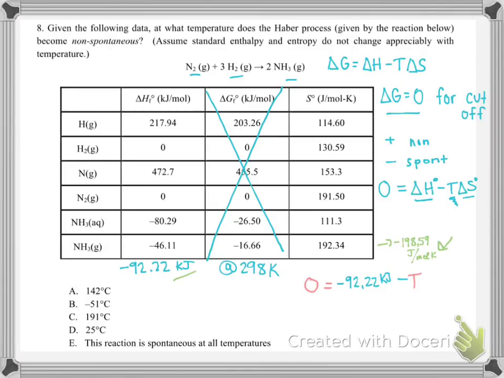And so we need to, sorry, this should really be just per Kelvin because we multiplied by the moles when we did our calculations. So we got to put our delta S in terms of kilojoules. So I'm going to write 0.19859. And now this is just kilojoules per Kelvin. Okay, that delta S will sneak up on you, so make sure you're paying attention to the units on those.